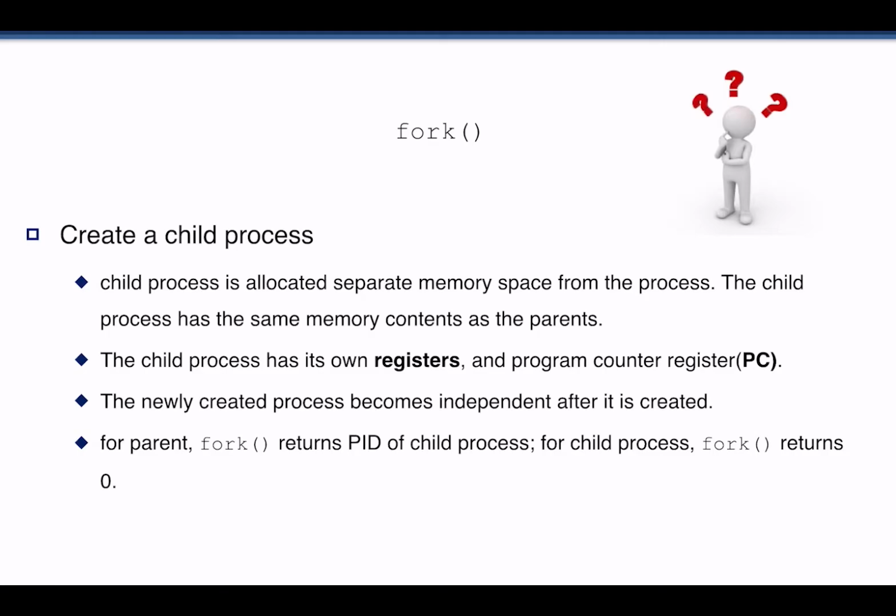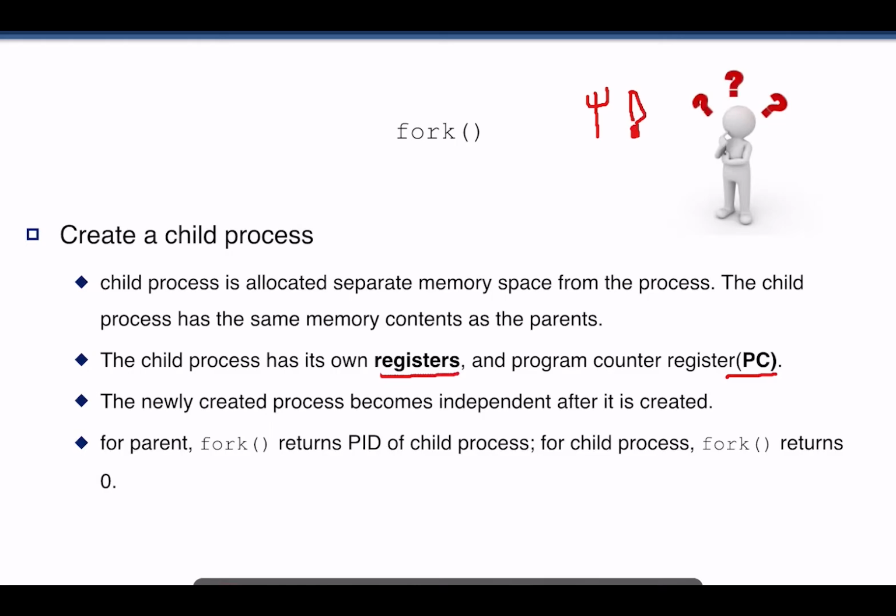The first function I'm going to explain is fork. It is used to create a child process. First, the child process is allocated memory space from the parent process, and that memory address space is initialized with the contents from the parent. The child process has its own registers and its own program counter.